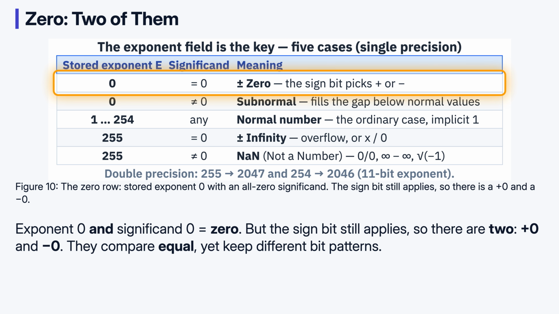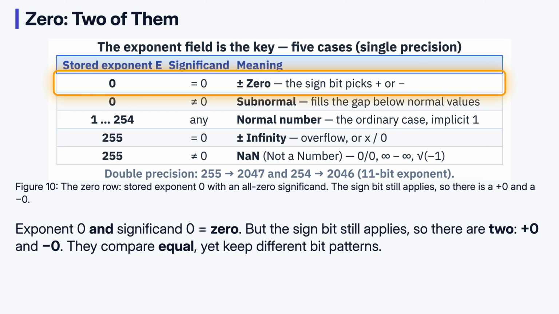Start with the 0 row. When the stored exponent is all zeros and the significand is also all zeros, the value is 0. 0 needs its own special encoding, because the normal formula always includes that implicit leading 1, so it can never produce 0 on its own. Now the twist.